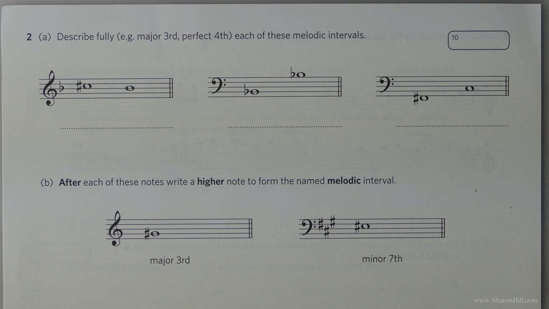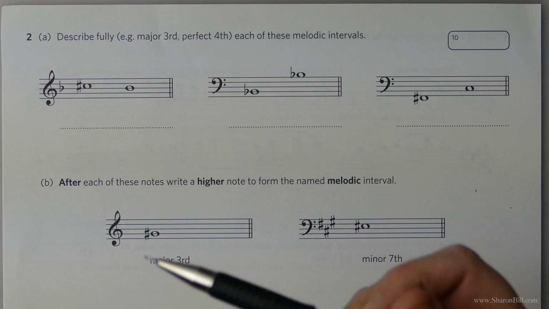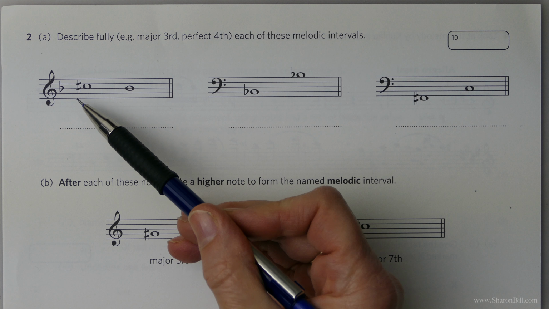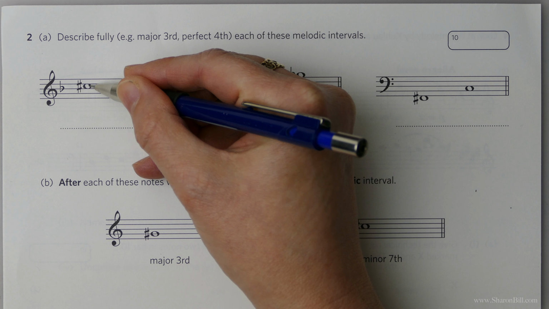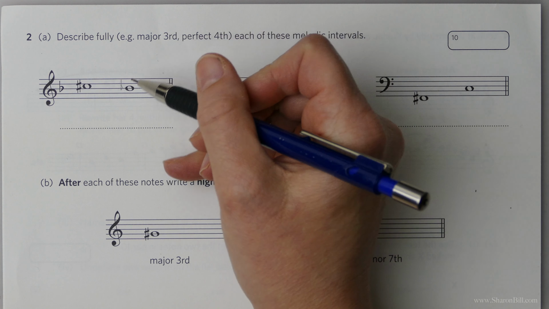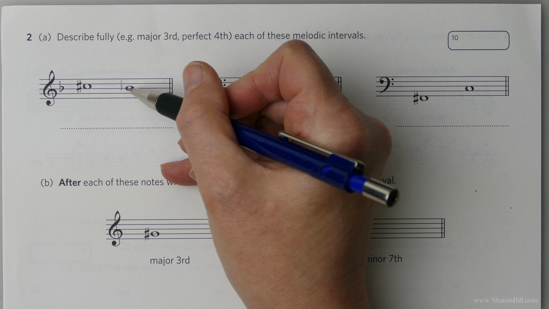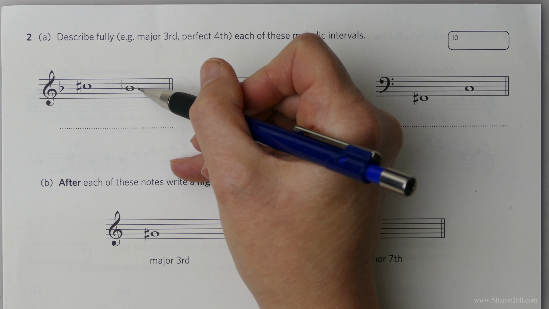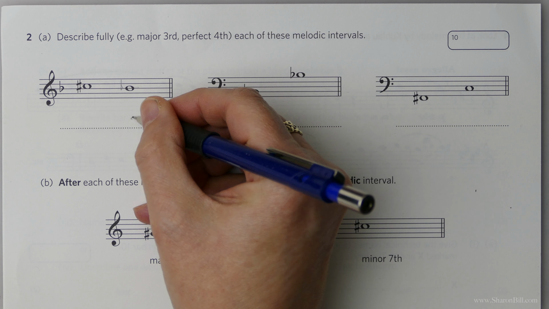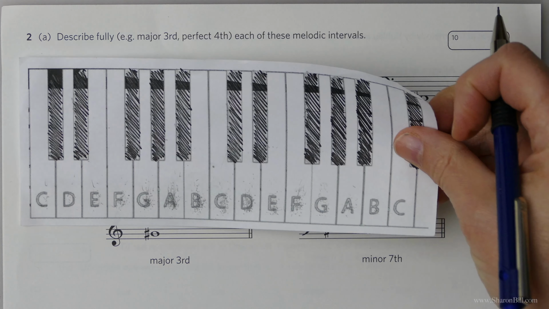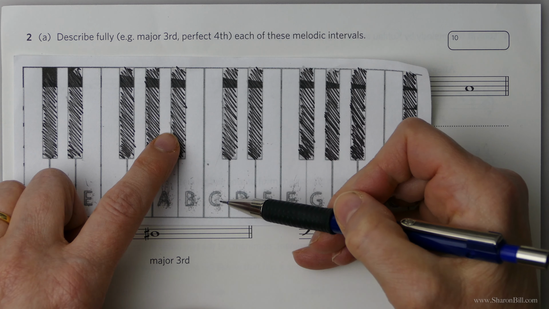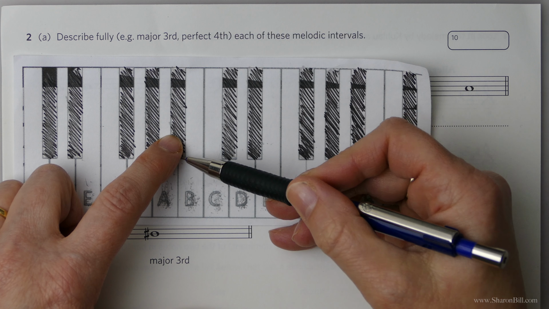So we'll crack on and answer these questions. This first interval is stepping up from B flat to C sharp. The first job is to get the number. We literally count the bottom note as 1 and then the next note is 2, so that's a second. Now, B flat to C is a full tone, a full step.